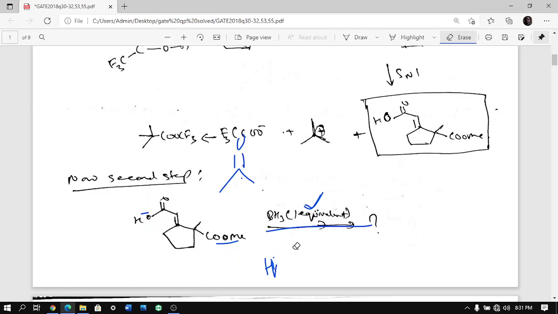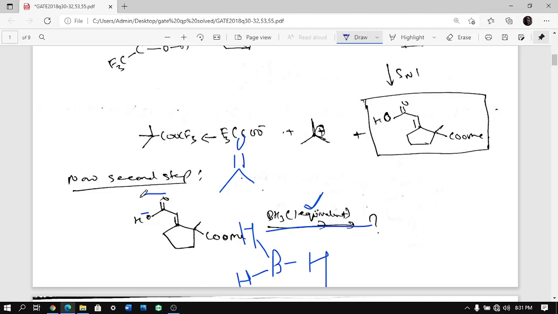Exactly the reverse happens when you are using BH3. BH3 is a Lewis acid; it accepts a lone pair of electrons. So whichever is electron rich will attack first, and whichever is electron deficient will attack slowly.